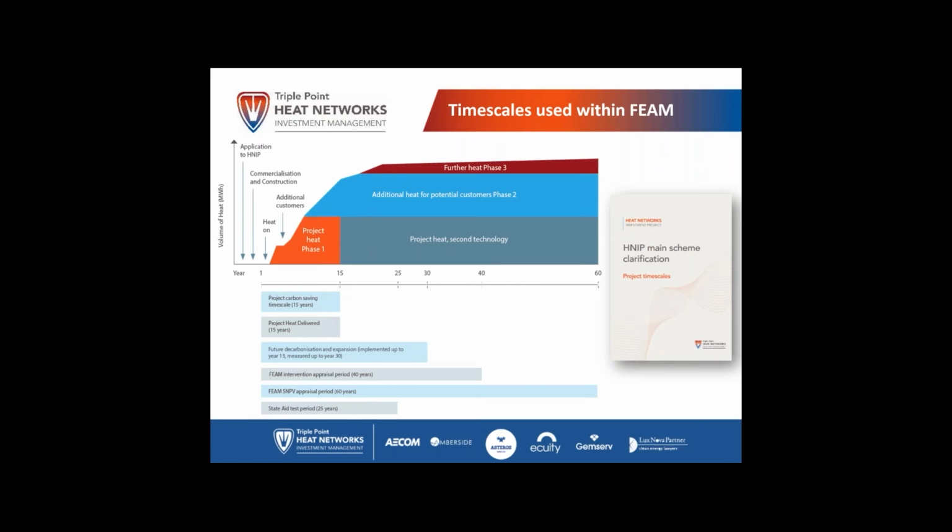But in order for us to have a degree of certainty over those proposed changes, it has to be either new technologies that are thought will be implemented within the first 15 years, or new customers that will come online within the first 15 years. And then we will roll out the benefit of that for up to 30 years. So that's done over a 30-year time period.